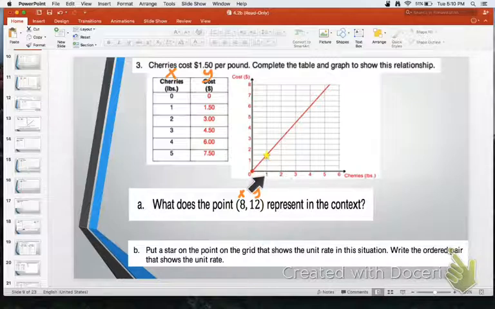That's at 1, 1.5. So again, when my X value is 1, that is my unit rate. So now we have to write down our ordered pair. Remember, ordered pair, parentheses, comma, parentheses. So it's (1, 1.50).